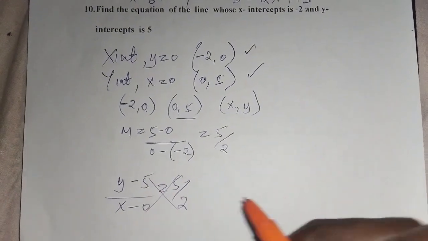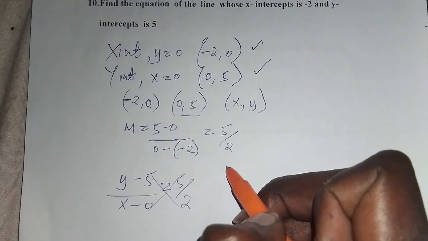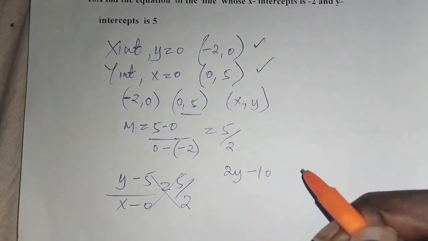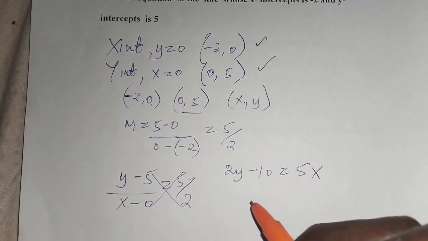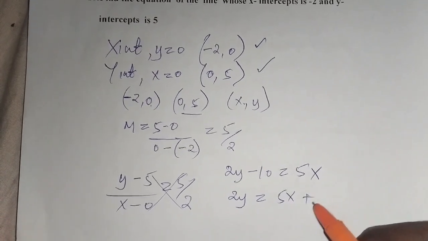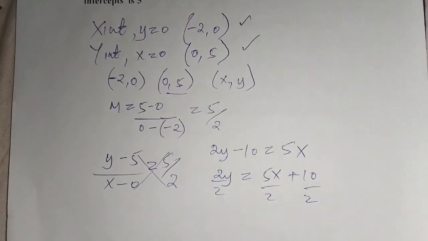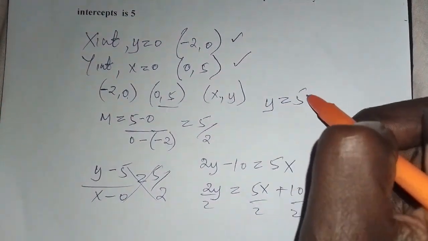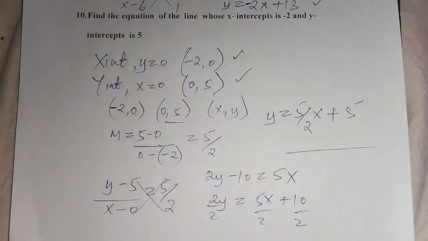So you can cross multiply. Shall have 2y minus 10 equals 5x. So 2y equals 5x plus 10. Divide by 2 throughout. Then we shall have y equals 5 over 2 x plus 5 as your equation.